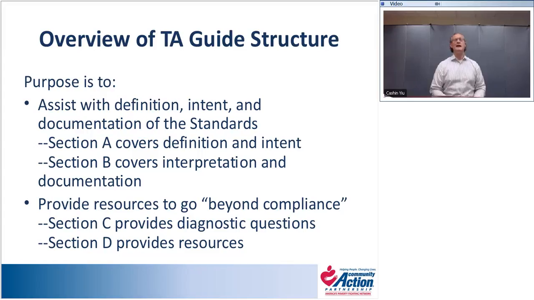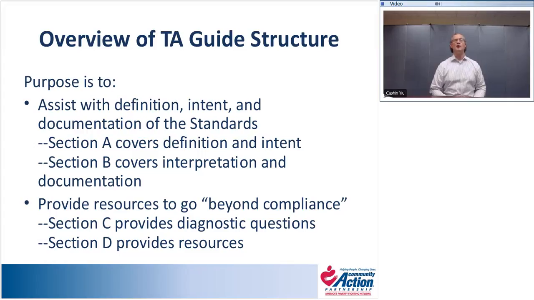And then in Section B, you'll find a couple of different resources. The first is a quick review of common questions that we've had from agencies about different issues that might come up in interpreting the standard. So we provide a little bit of additional guidance based on those questions that we've received from agencies to make sure that everybody's on the same page about what meets and doesn't meet the standard. And we also provide support in Section B on the documentation that you will likely need to show that you are in compliance with the standard.